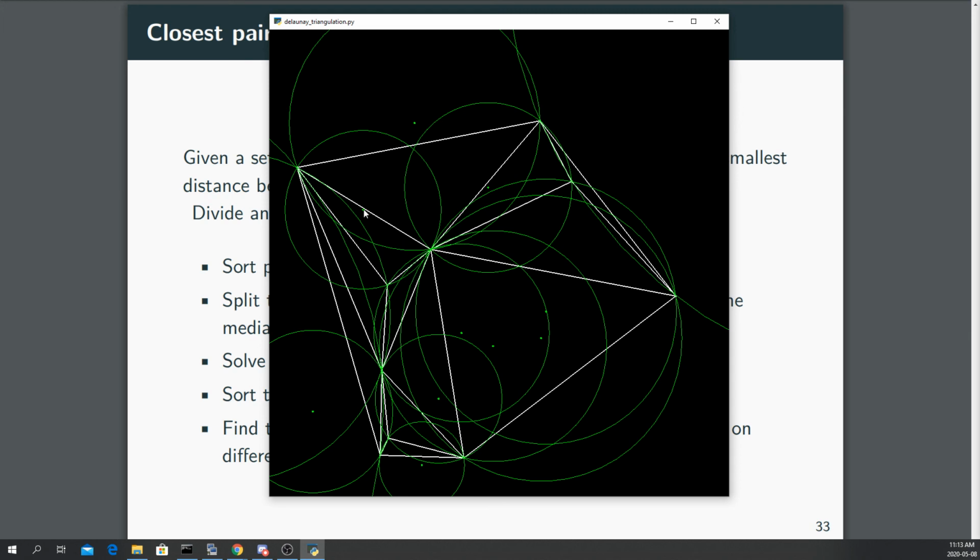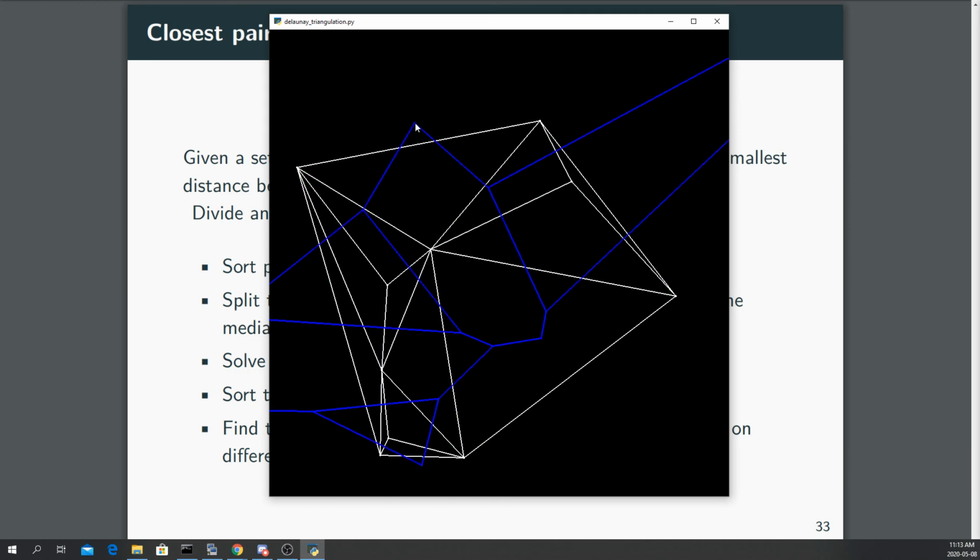Let's try a bit smaller. Okay, so for example, point here, and point here. That's this large circle here. Note this point here, the center of the circle. The Voronoi diagram is going to have a point there as well.